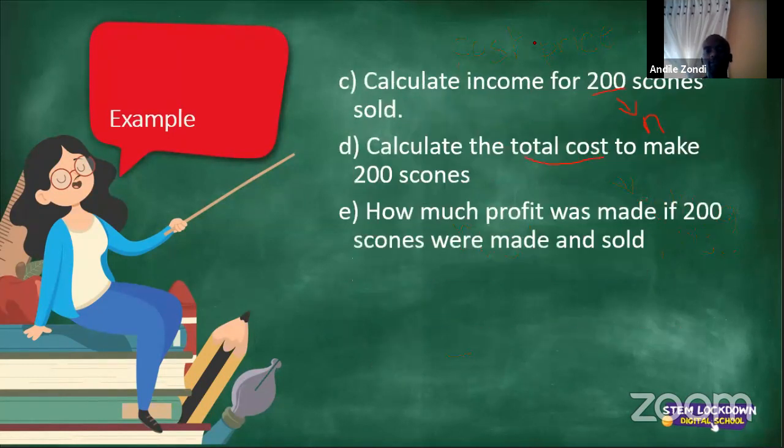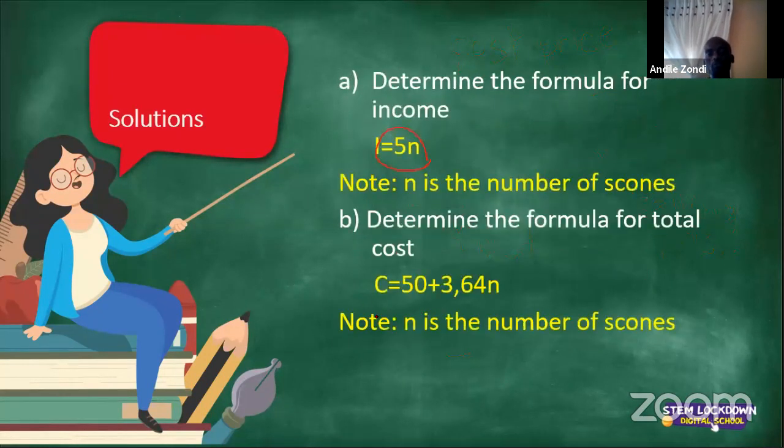Let me go back to the equation which we just made. We'll be using this equation because this is total cost: fixed cost plus 3.64, which is our cost price, times N. N in this case represents the number of scones.